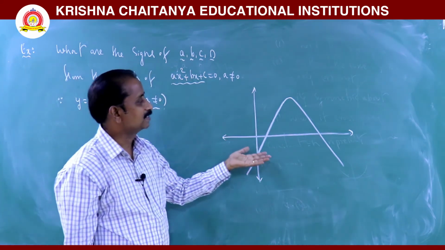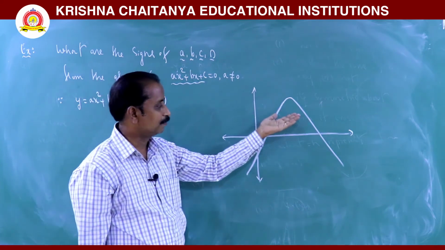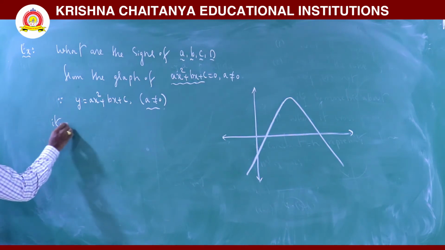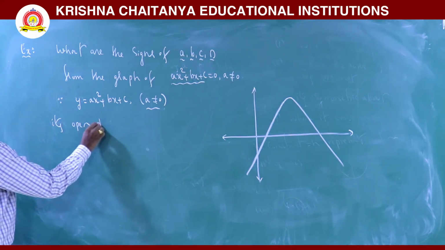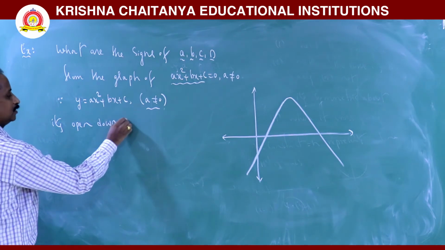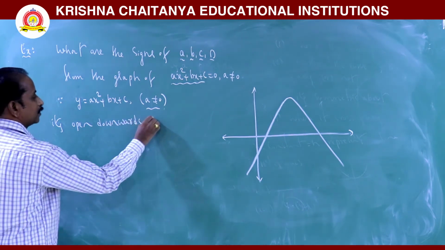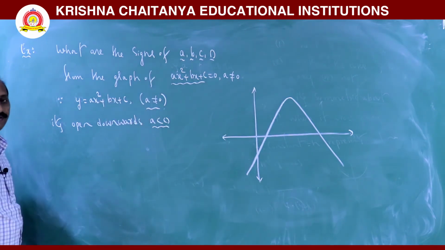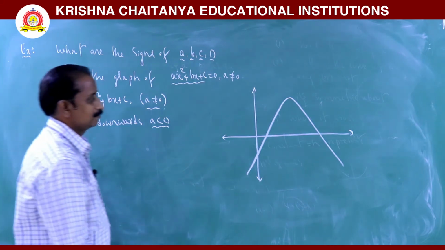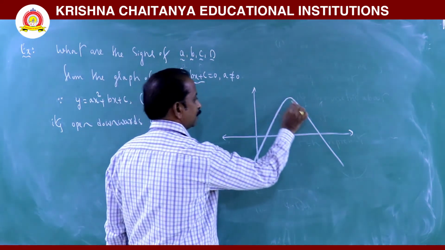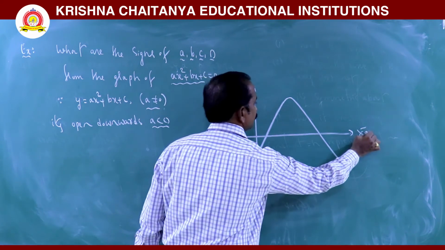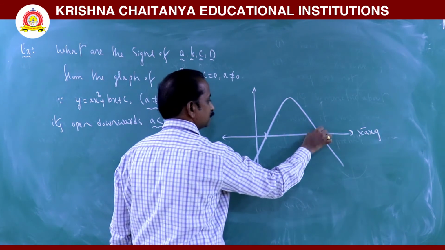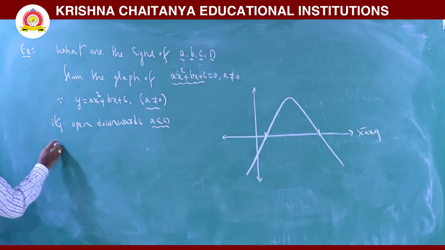So how do we find the signs of a, b, c, d? From the graph it is clear that the graph is open downwards. Open downwards means a is negative, a less than 0. So one point is clear: a should be negative. And observe, the curve crosses the x-axis at two distinct points.